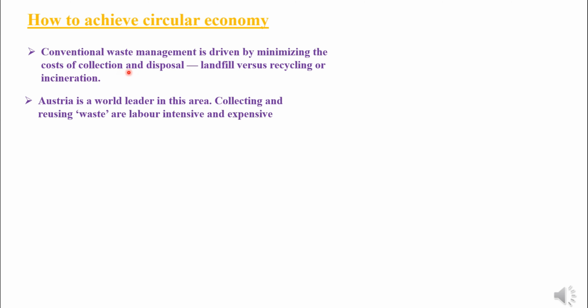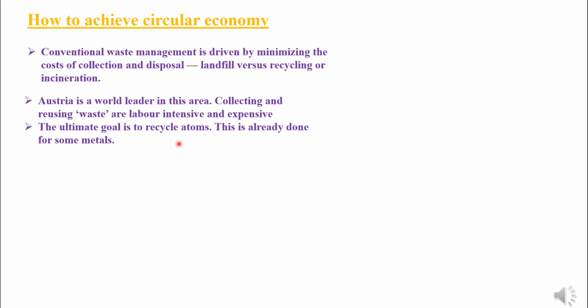And in this path of circular economy, Austria is a world leader in this area because they have started collecting and reusing waste as intensive and expensive. So they have started applying taxation for producing more waste.